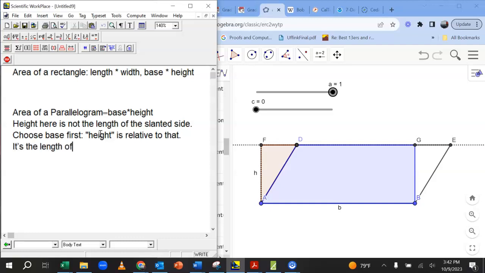It's the length of an altitude. So in this example, we had one side horizontal, so it's natural to call that the base. And then the height was the length of either one of these perpendiculars that connects those two parallel sides. It was not the length of AD.